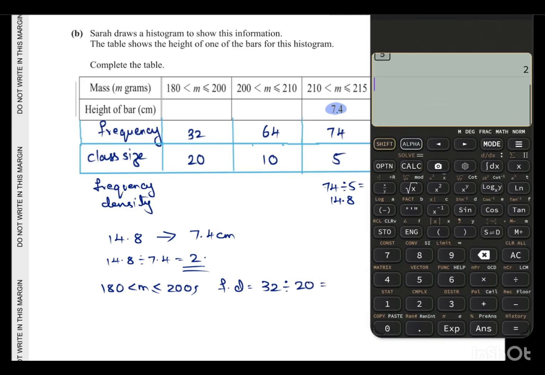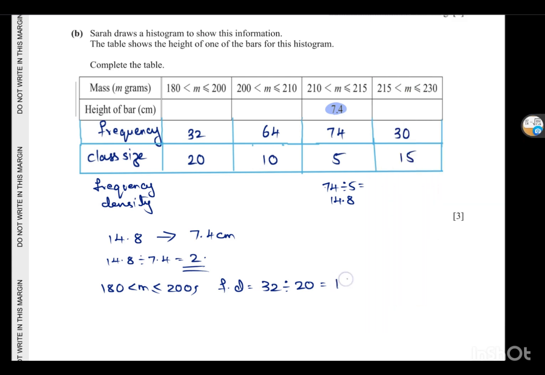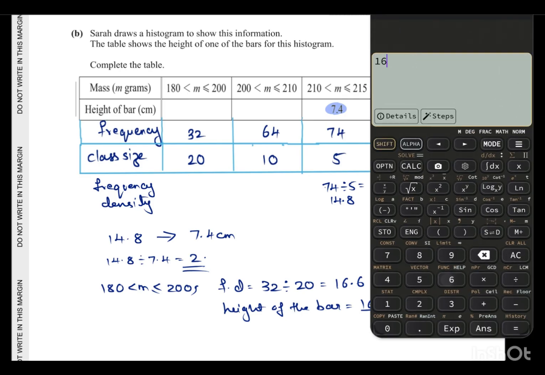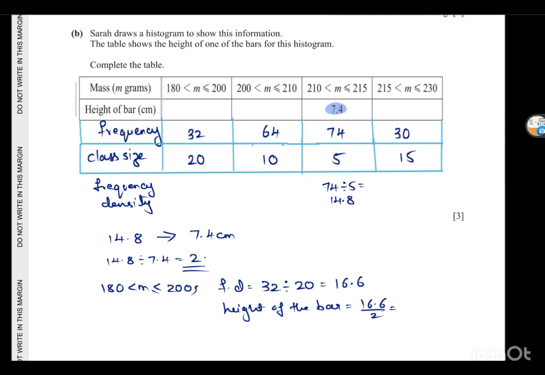What is the answer? 32 divided by 20 is 1.6. 1.6 is the frequency density. So the height of the bar will be, divide that by 2. You will get the answer, 0.8. So this is 0.8.